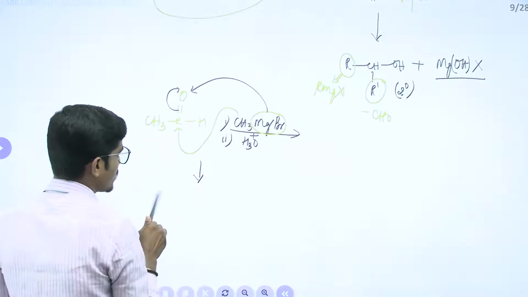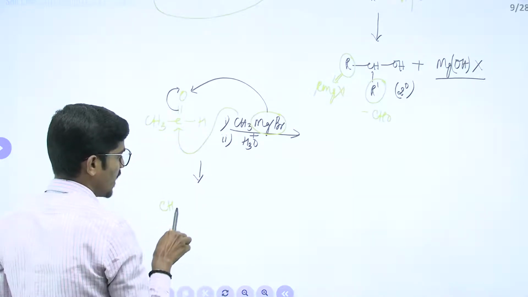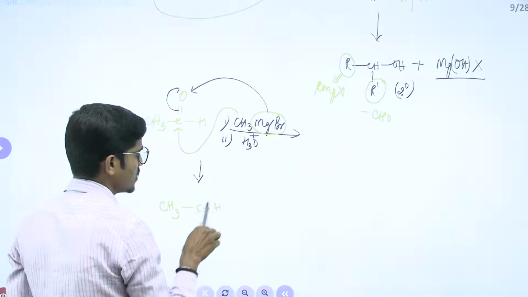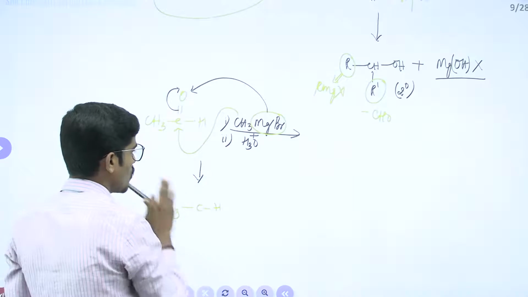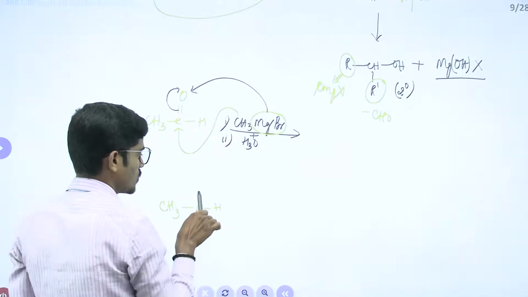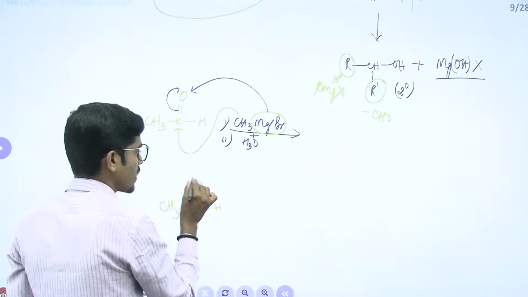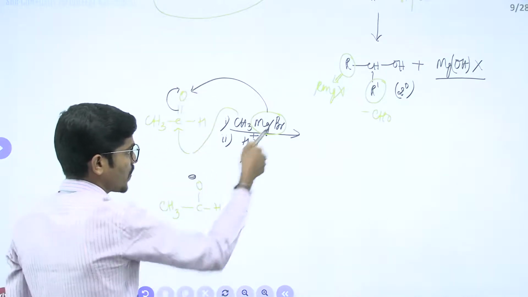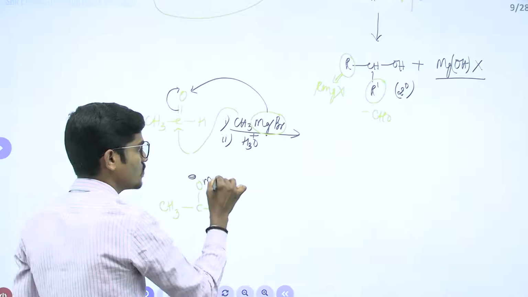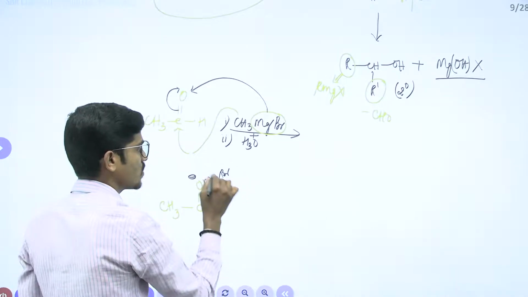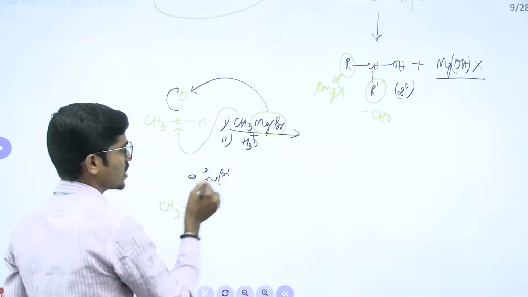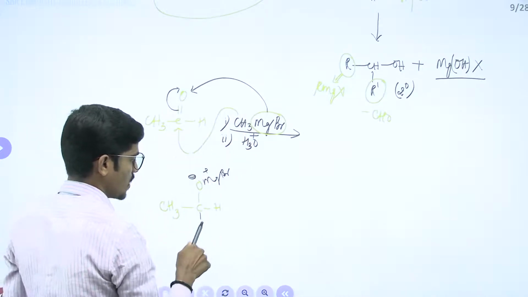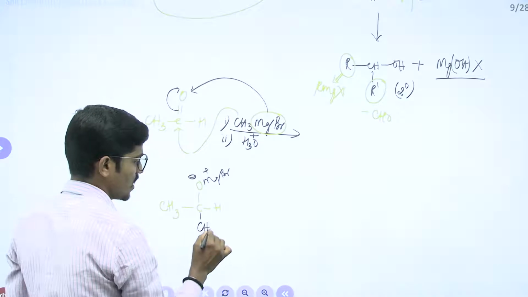First step, this is the CH3 part from aldehyde group, CH3 C, and this is H as it is, and it becomes single bond O minus. Initially it is a double bond, one bond is shifted and it becomes minus, and this MgBr, magnesium halide, is from Grignard reagent. So one CH3 group is attacking this carbon atom, this is from Grignard reagent.